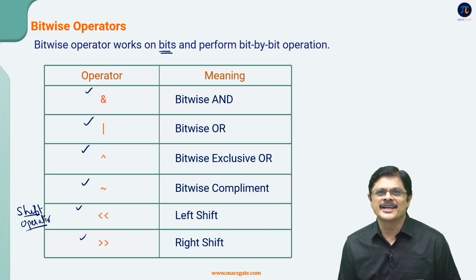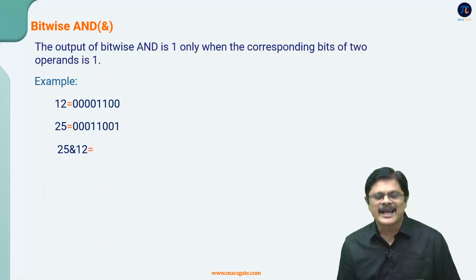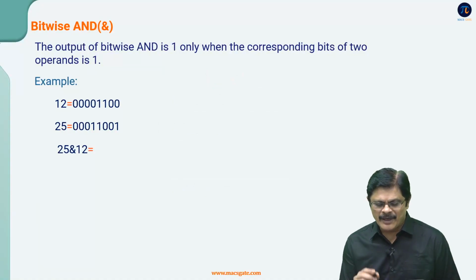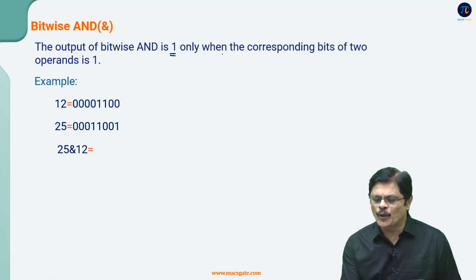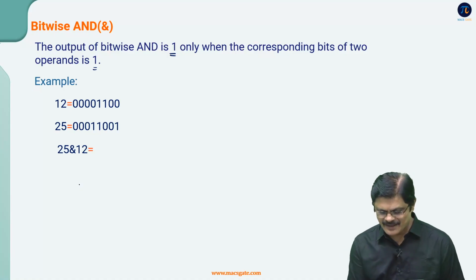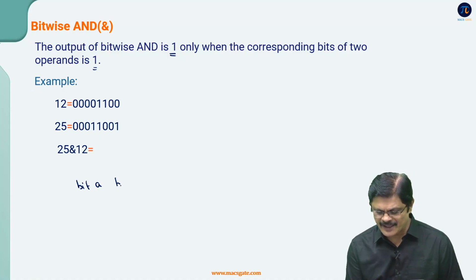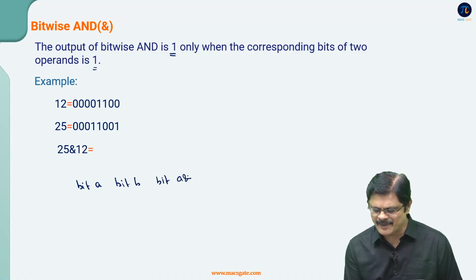Now, let us consider the bitwise AND operator. The output of bitwise AND is 1 only when the corresponding bits of the two operands are 1. Suppose we consider the bit position of A and the bit position of B, then what about the bit position of A and B?